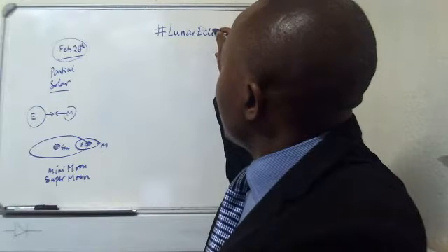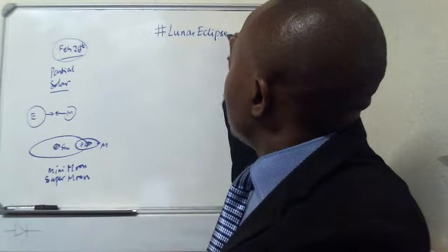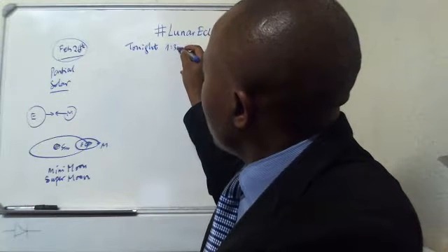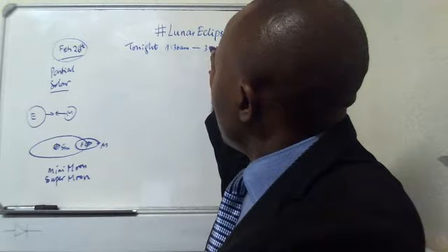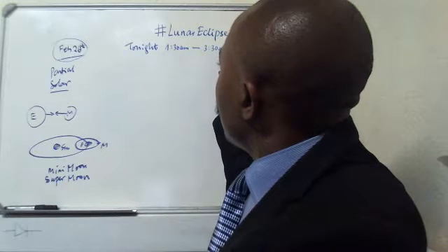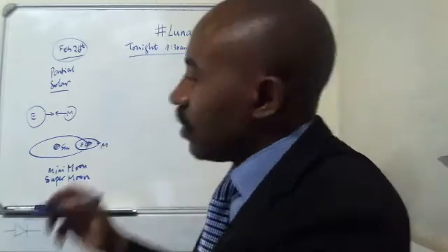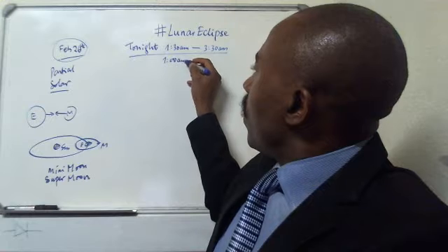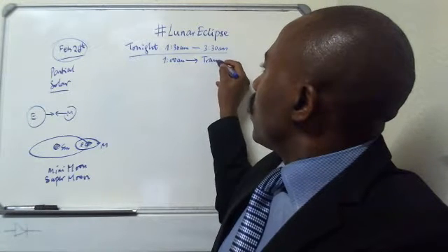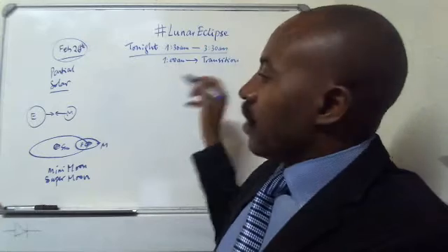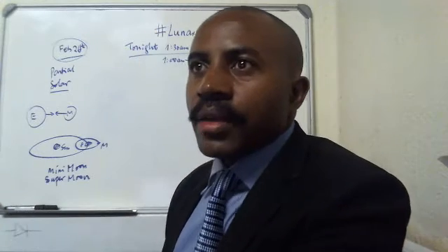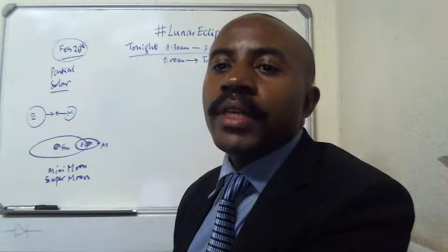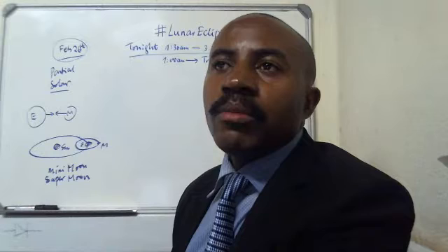It is late in the night, from 1:30 a.m. to 3:30 a.m. It would be better to start from 1 a.m. so that you see the transition from a bright moon.